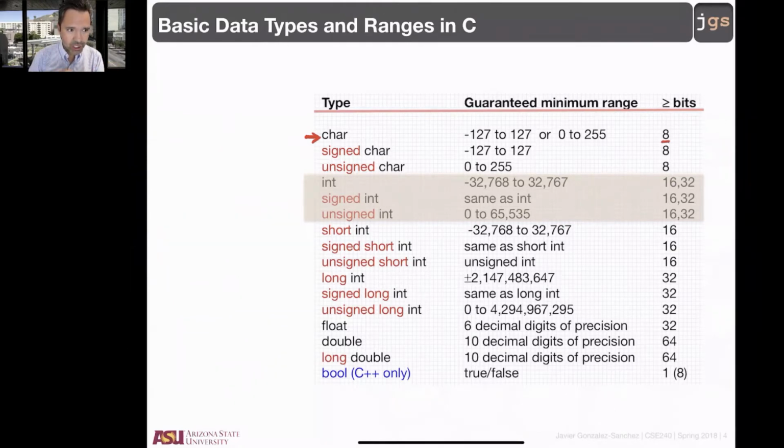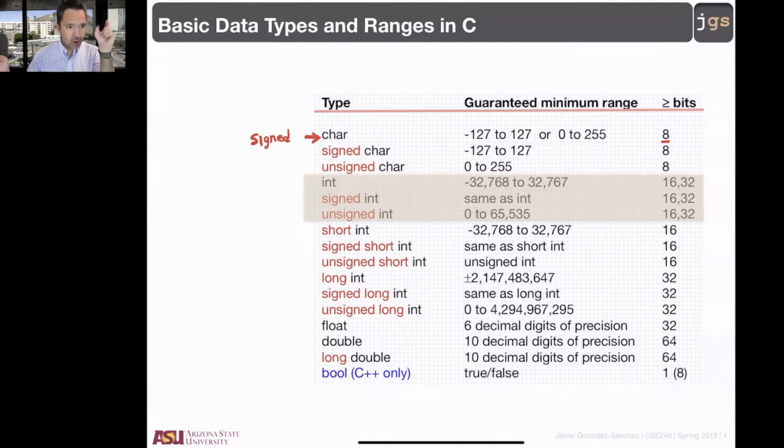But the char, by default, is signed. Therefore, if you have 8 ones in binary, the equivalent in decimal is 255.